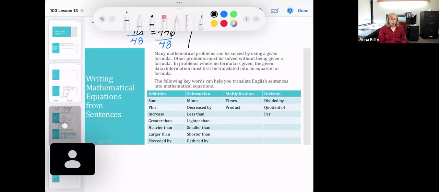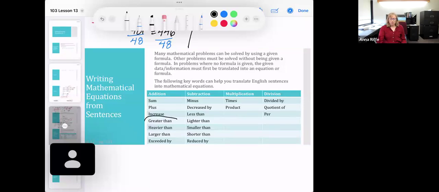I'm not going to go through all of this table, but part of writing an equation based on a word problem, based on a sentence, is being able to recognize some key terms. For example, think about what algebraic operation is involved when you say something is more than another thing or greater than another thing.